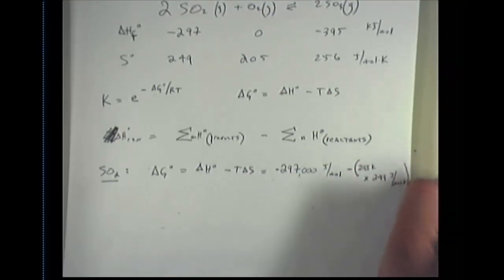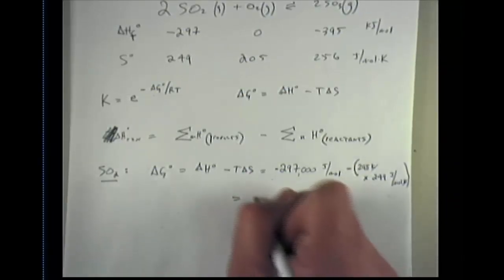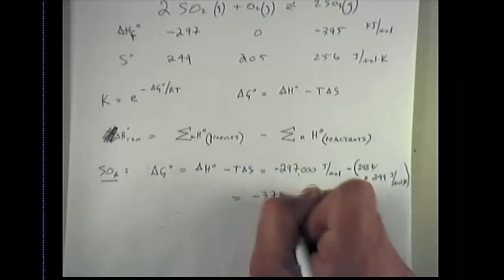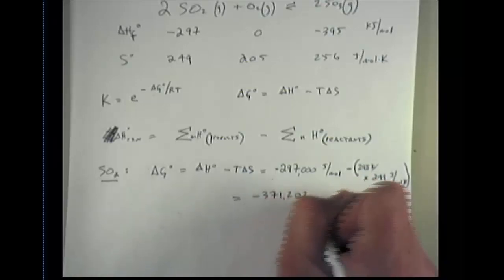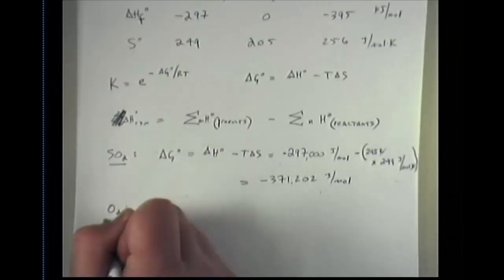You'll see that the units all cancel each other out nicely, or I guess the kelvins do, and we end up getting a final value for SO2 of minus 371,202 joules per mole.